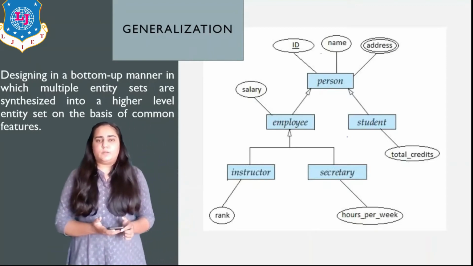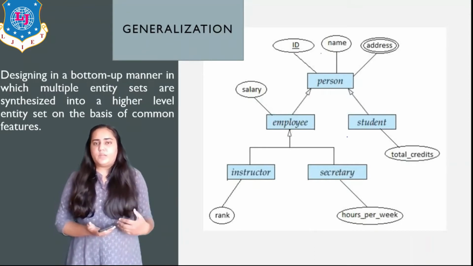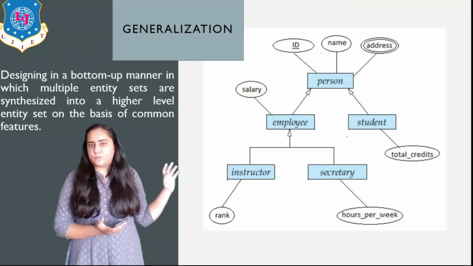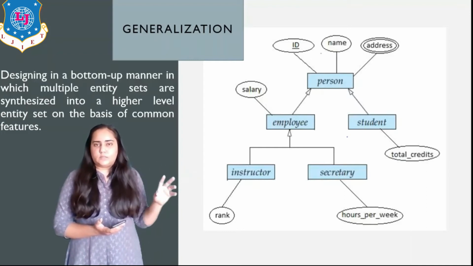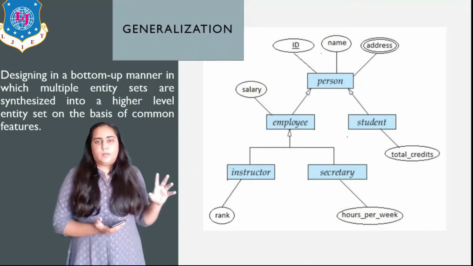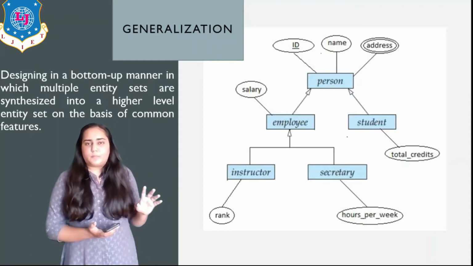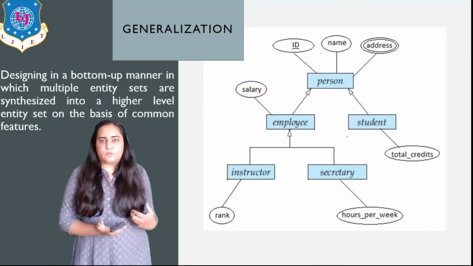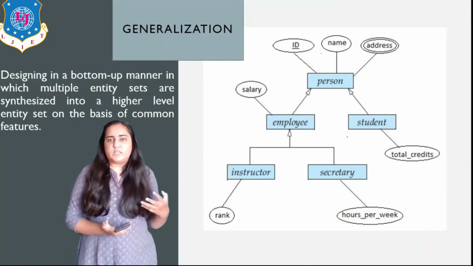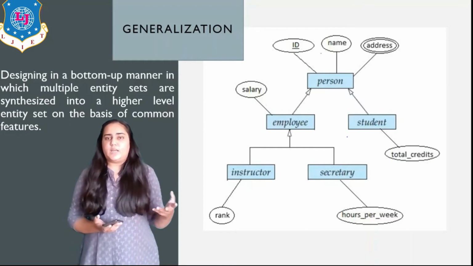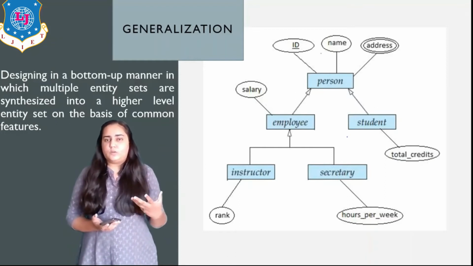For example, while creating your database, if you first identified two entities, employee and student, and added all these attributes. For employee, you added ID, name, address, and salary. And for student, you added ID, name, address, and total credits.